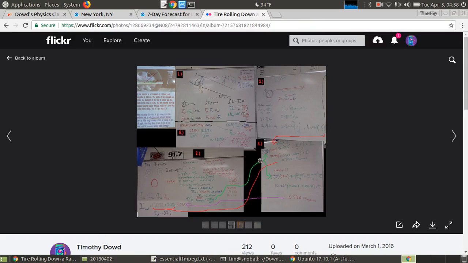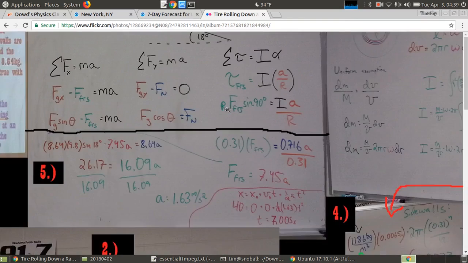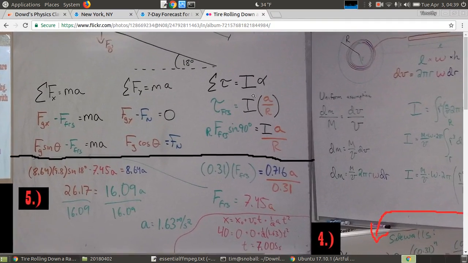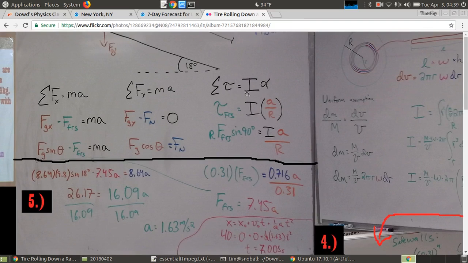I don't think you'd have to do a complicated calculation like that on any sort of test, but drawing the three equations, knowing that moments of inertia add together, and then solving for an acceleration and combining it with kinematics equations, that would be something that you should know how to do. Again, don't be scared by these rotational dynamics problems. It's the same stuff we've always done with force equations. You just have to remember this last one here too.